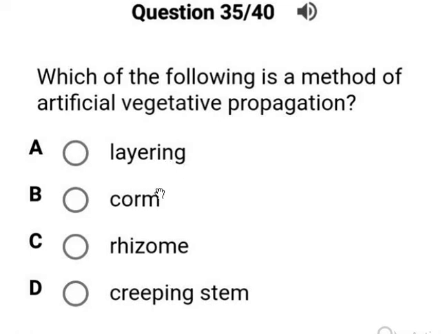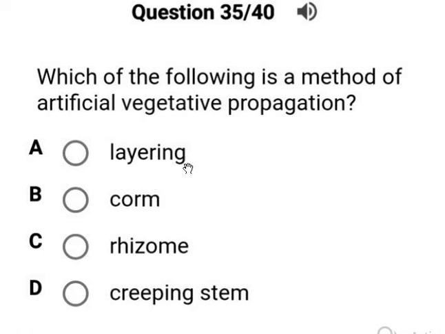We know that artificial vegetative propagation uses part of the parent plant to multiply the plant. The methods of artificial vegetative propagation include budding, layering, cutting, marcotting.